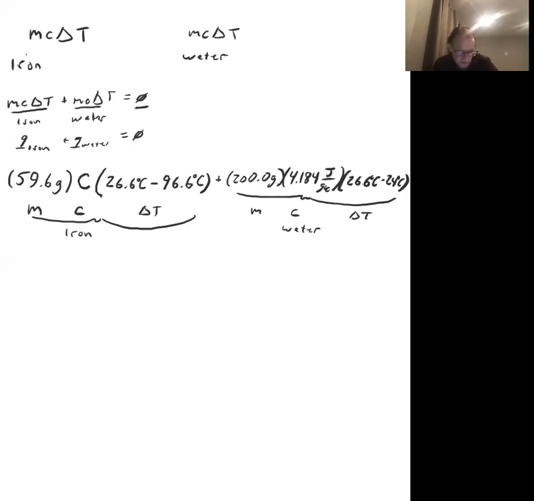Okay. So here's what happens when I do the first one. When I take the 59.6 times the delta T, we don't know what C is, so I'm just going to put in C. I get minus 4172. So I'm going to put that in parentheses. And then I don't know what C is, so that's right there. Okay, I left the units out for this because we'll go over the units after I do the number.